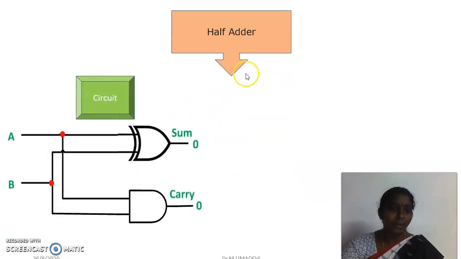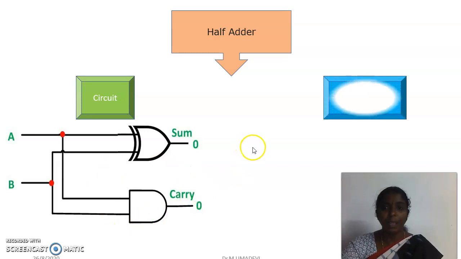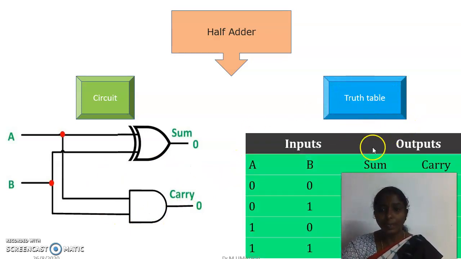This half adder circuit I have given here. See, A, B are the inputs and sum and carry are the outputs. So sum we can obtain through exclusive OR gate and carry we can obtain through AND gate. And this is the truth table. Inputs A and B, outputs sum and carry.